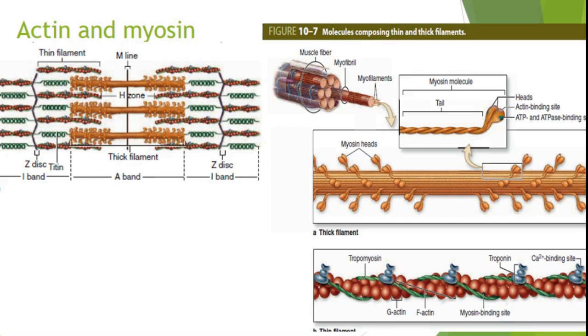And last, for actin, ang kanyang haba ay around 1.0 micrometer and ang wide or ang diameter ng ating actin myofilament ay 8 nanometer wide. Okay? So, 1.0 micrometer long and 8 nanometer wide.